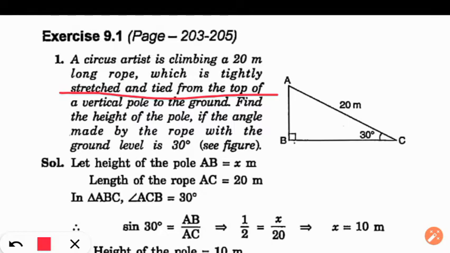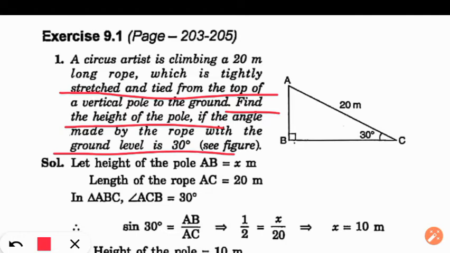So, from the top of a vertical pole to the ground, the rope is tied. What are we required to do? Find the height of the pole if the angle made by the rope with the ground level is 30 degrees.